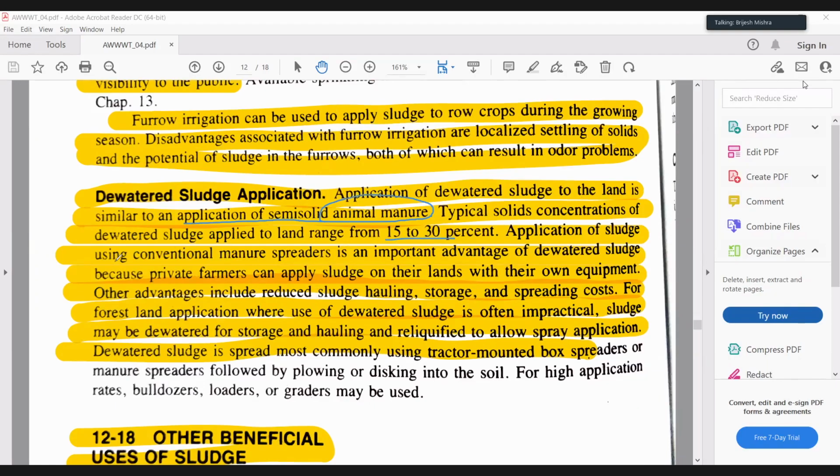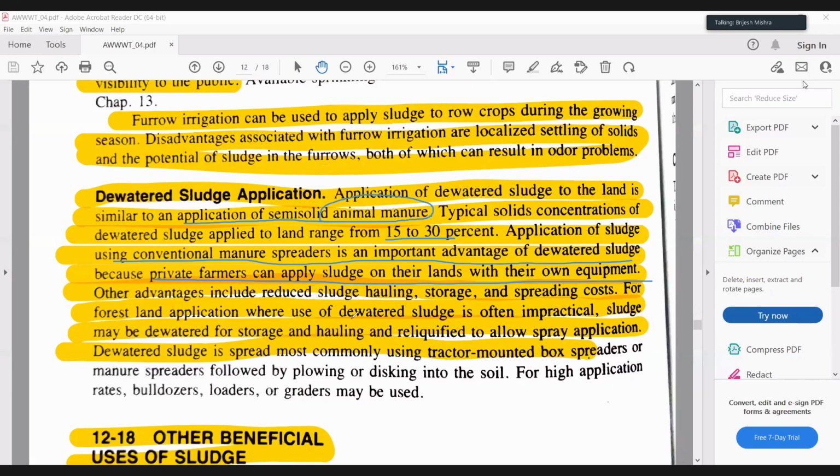So application of sludge using a conventional manure spreader is an important advantage of dewatered sludge. Private farmers can apply sludge on their land with their own equipment, with a simple tractor or other things. Other advantages include reduced sludge hauling, storage, and spreading cost, because here volume is going to be less.